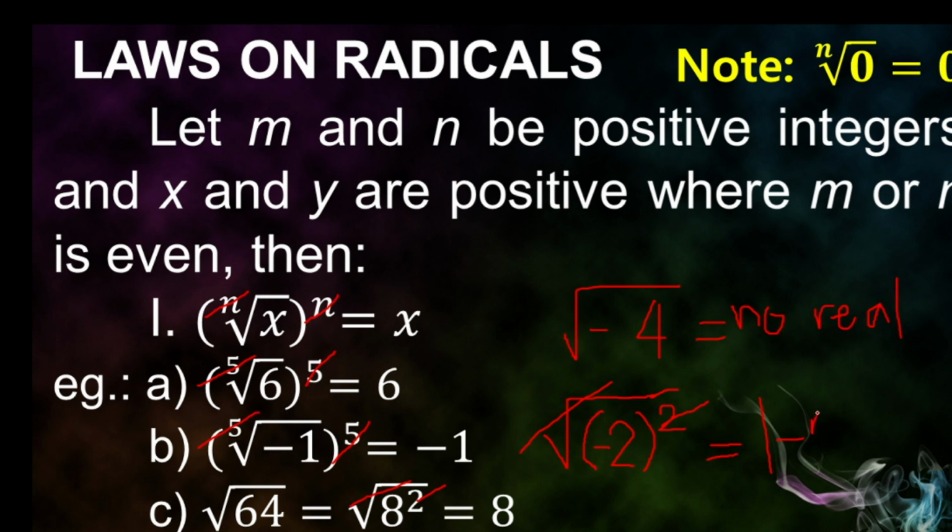So it is equal to the absolute value of the radicand. That makes it equal to 2. So take note, this expression and this expression are not the same. Because if we are going to simplify negative 2 squared, that would be equal to positive 4.